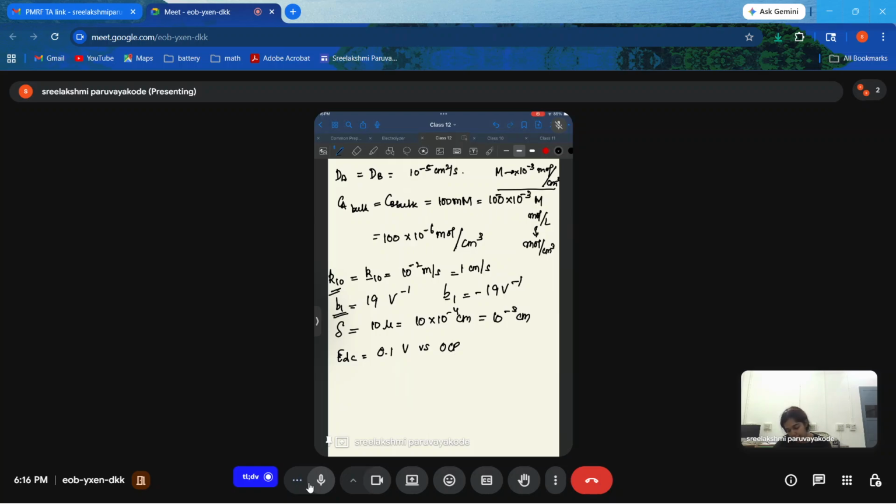So we can find out K1 DC, which is K10 exponential B1 EDC. Then it is 1 centimeter per second, into exponential 19 into 0.1. So what is the value? Please find out the value.